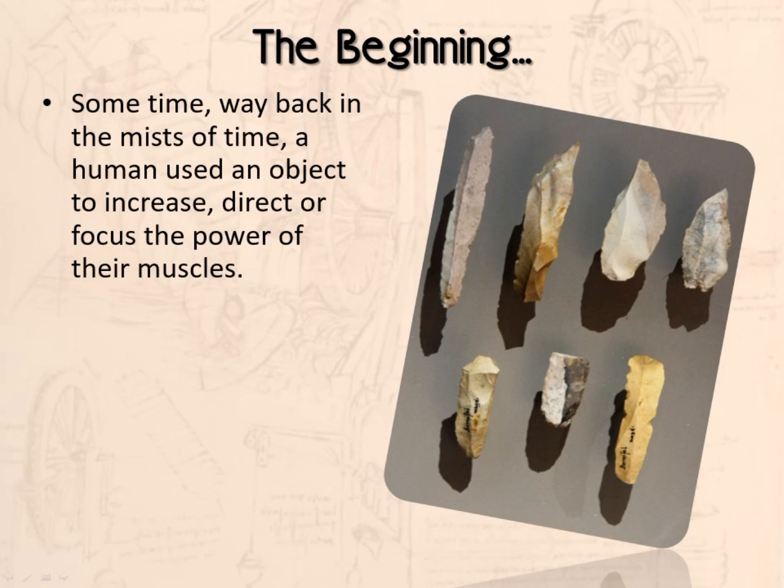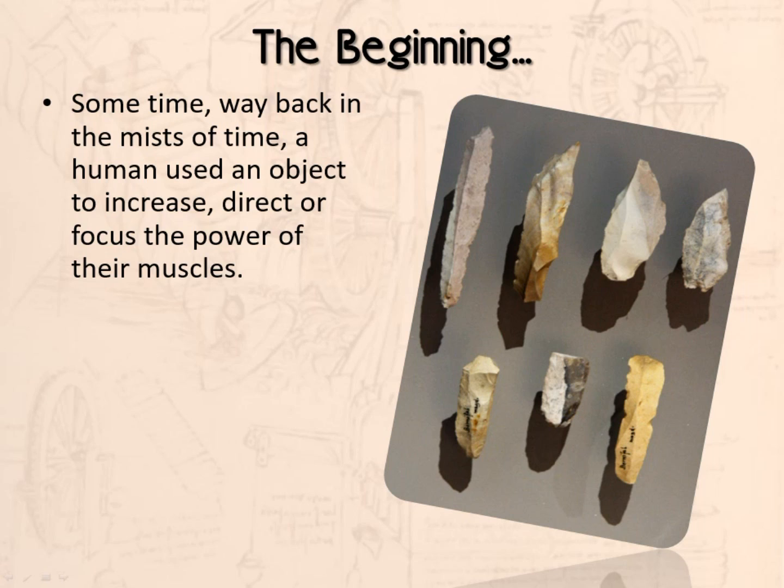So, at some point way back in time, a human used an object to change the way their muscles applied force. We can see here some old knives from the Paleolithic era, the very first sort of tools that humans used.